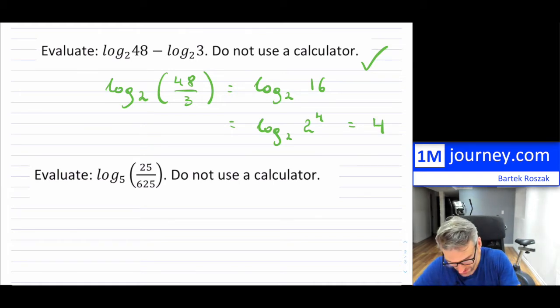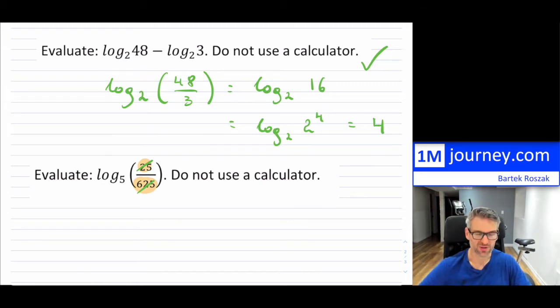Now, actually, 25 over 625, I'm going to reduce that. 25 goes into 625. So how many times does it go in? So don't use a calculator. I'm just thinking. So 10, about that's 25 times.